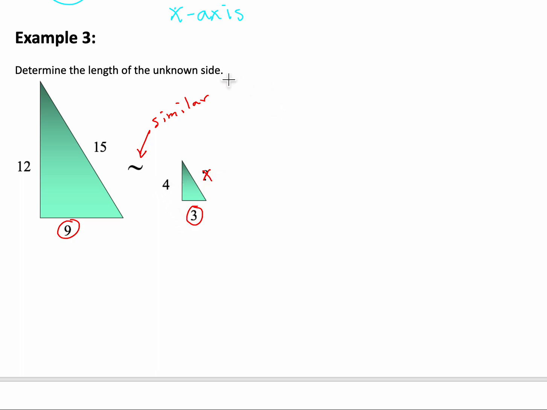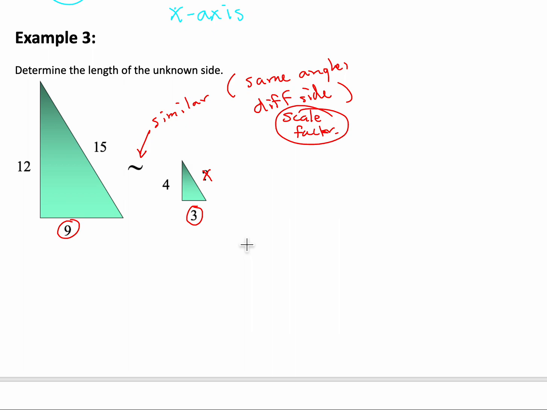So we know that they are similar because they have the same angles, but different sides. But with those different sides, they have a scale factor. So that's what we're going to look for.